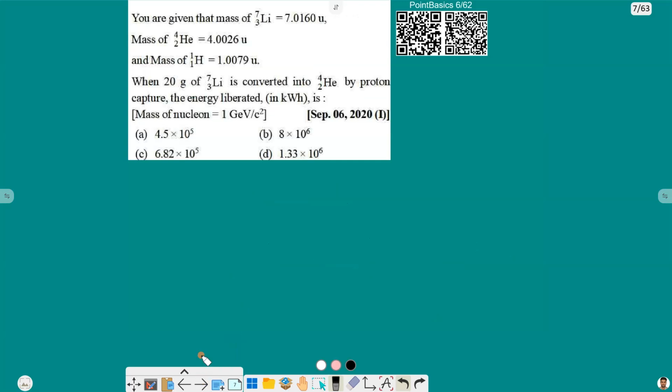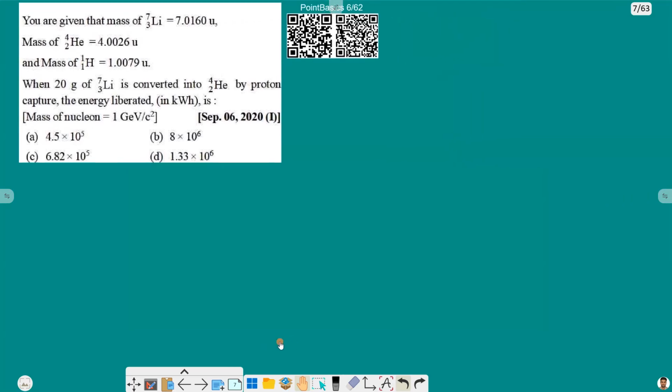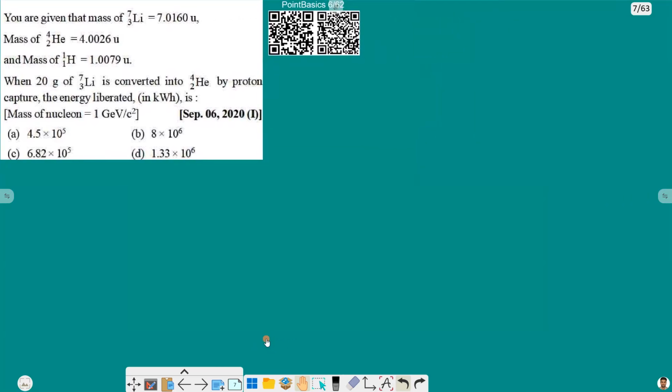Now in the next one, you are given the mass of lithium-7 with this value, that of helium and that of hydrogen. When 20 gram of lithium is converted into helium-4 by proton capture, the energy liberated in kilowatt hour is? Now first of all, we have to write a balanced equation, because masses are mentioned here, that 20 gram of lithium is converted into helium.